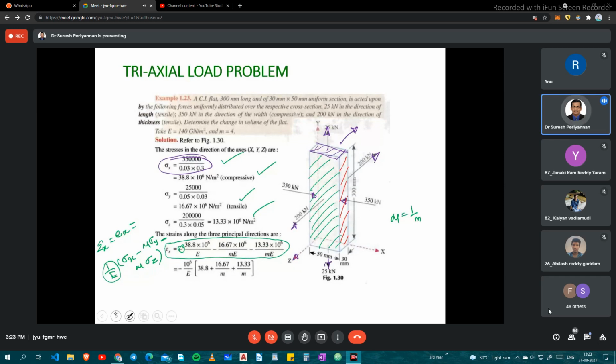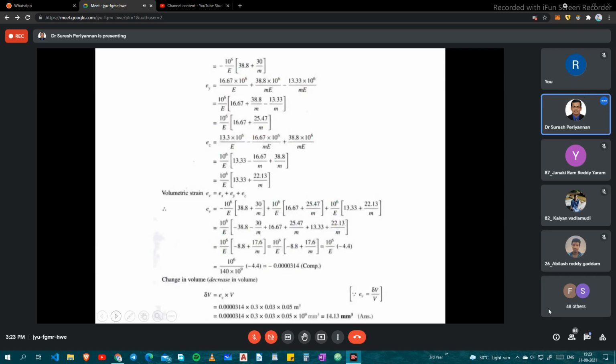Now similarly you can find epsilon y, which is equal to 1 by E into sigma y minus mu into sigma x minus mu into sigma z. Now you already know the stress components.